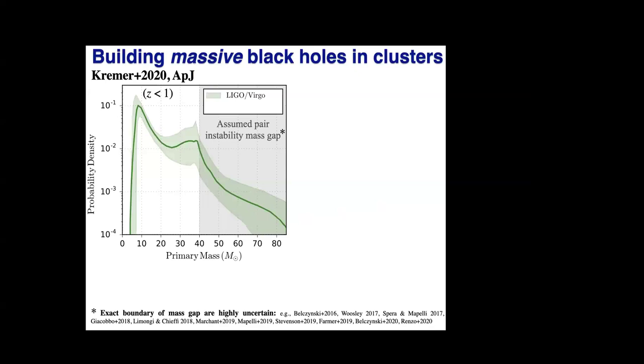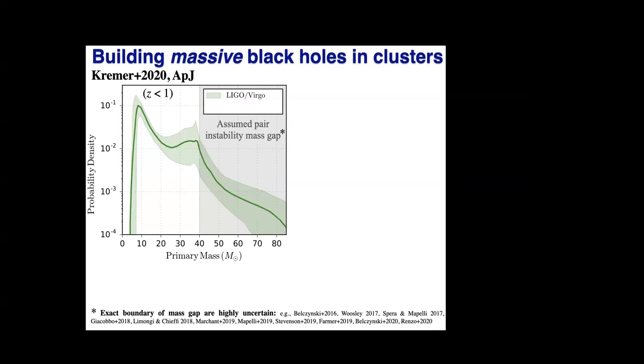Okay, so aside from the rate argument, there's also some other hints that might point us toward the role of clusters or dynamics in forming LIGO sources. So I think one of the more interesting things that's been observed from LIGO is a large number of very massive black holes in excess of 40 or 50 solar masses. From a stellar evolution process known as the pair instability, essentially this is a process that arises from electron-positron annihilation in the very hot cores of very massive stars.